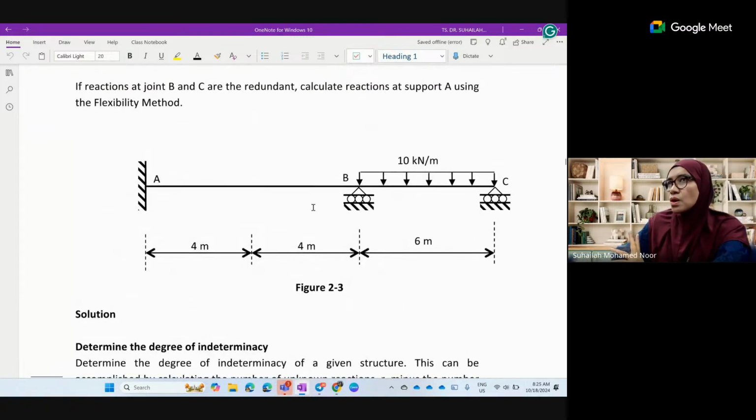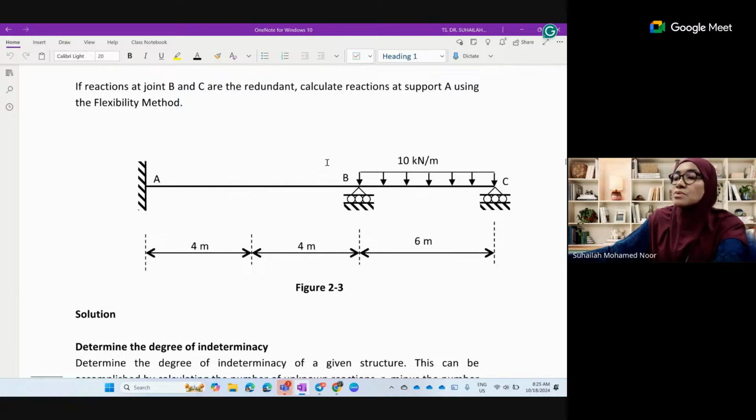For five unknown reactions, 2 redundant means there are 3 possibilities. For one redundant, there are 2 possibilities; for 2 redundant, we have 3 possibilities. We have to remove 2 redundants from the system to have a determinate beam.